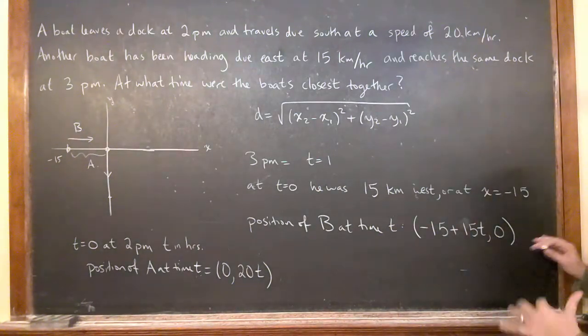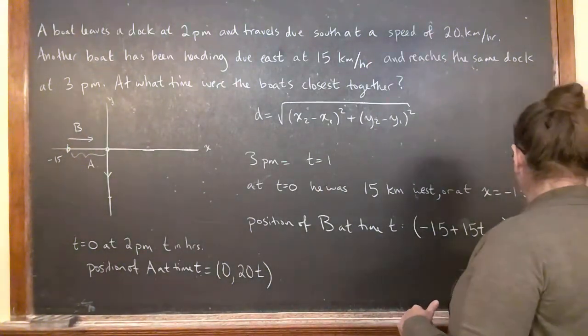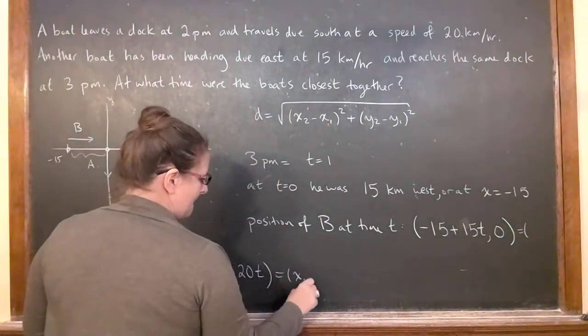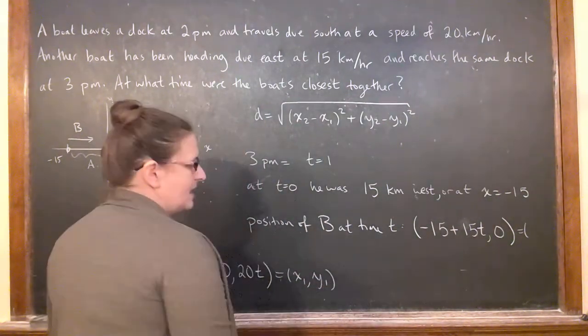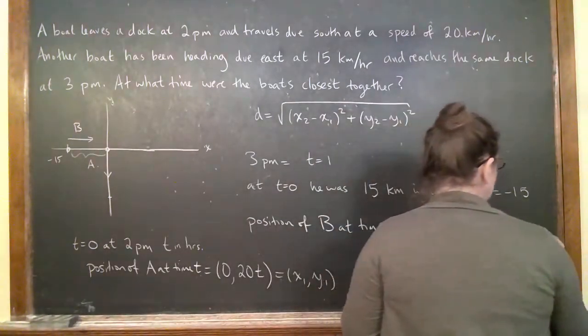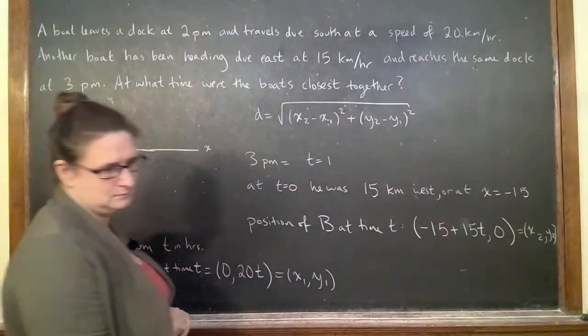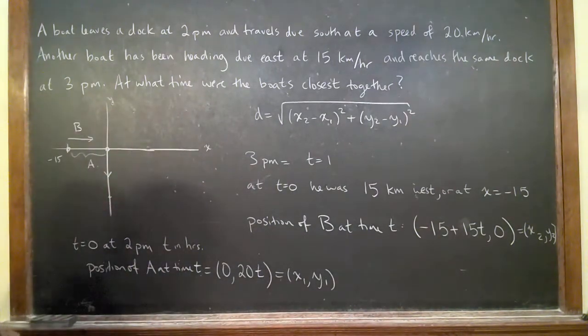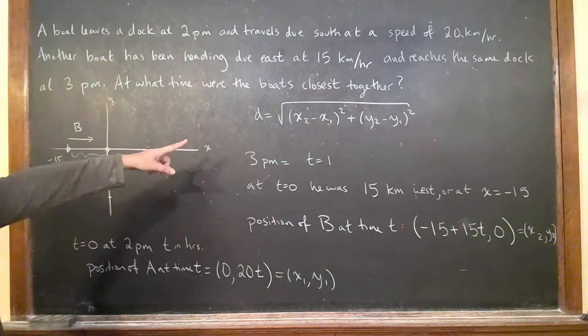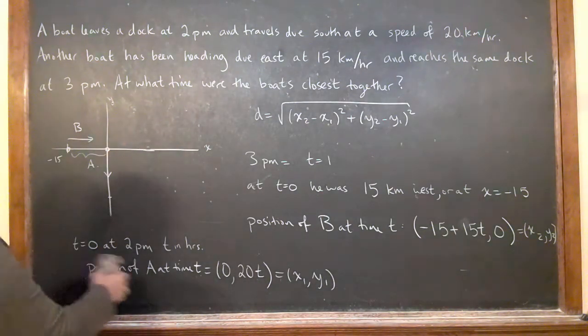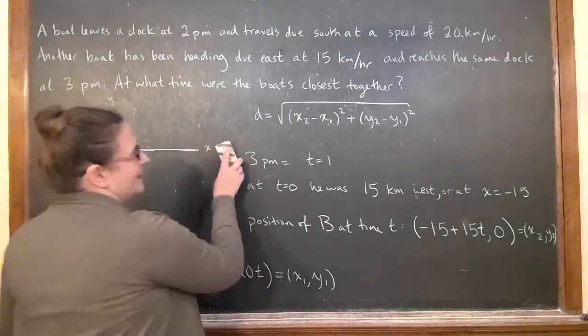Now notice, the reason I wrote both of these, we'll call this x1, y1, the position of A, and B can be x2, y2. So we can figure out d squared, then take the derivative and find the minimum.